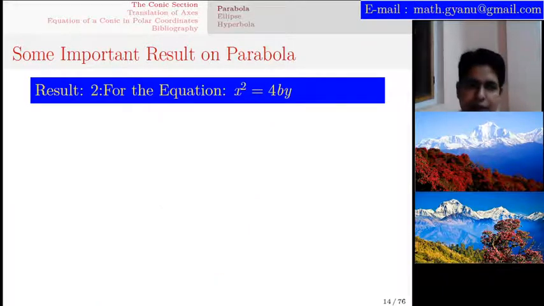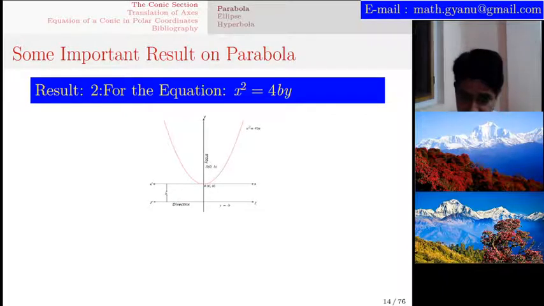Now result 2: if the equation of the parabola is x square equal to 4by, first see what type of graph will occur. The curve will be concave upward. Remember that if you see x square, the curve will be either concave upward or concave downward.